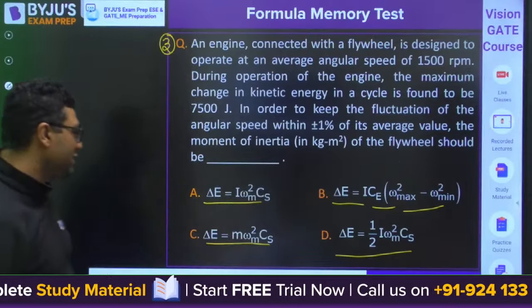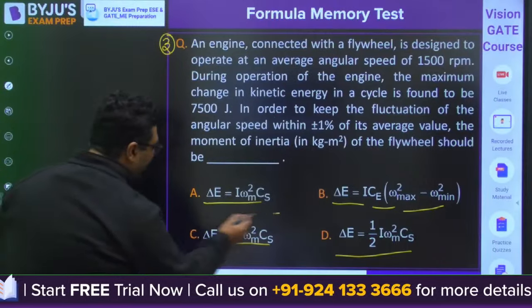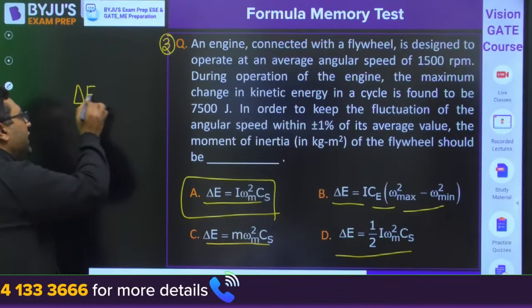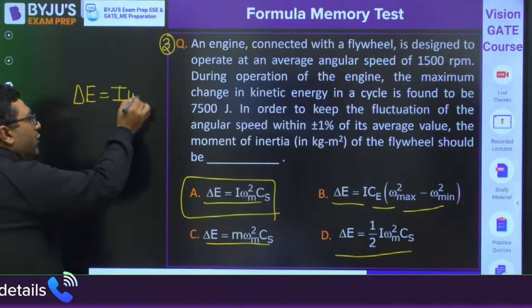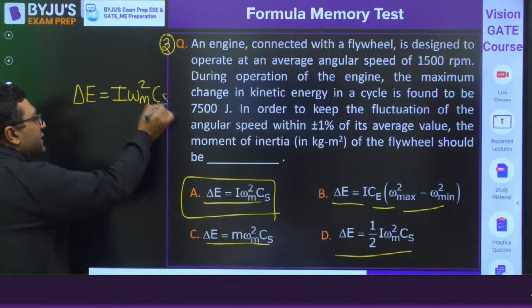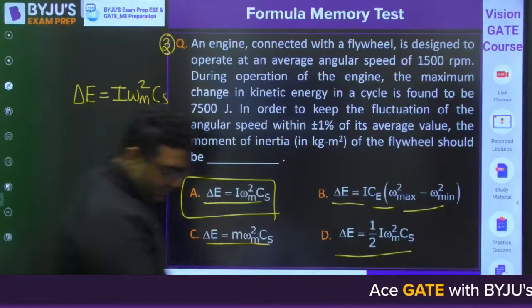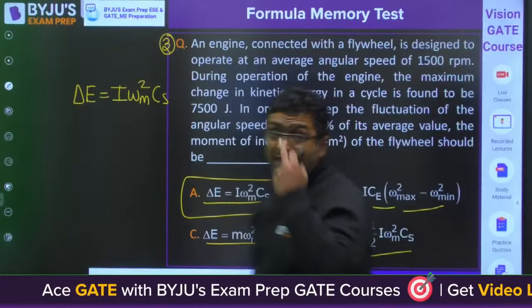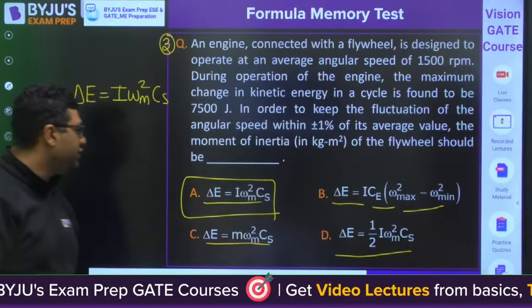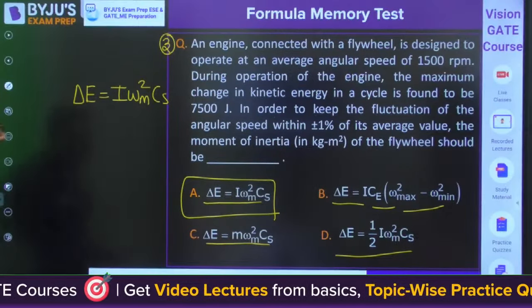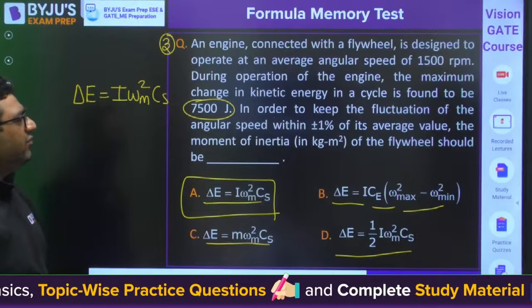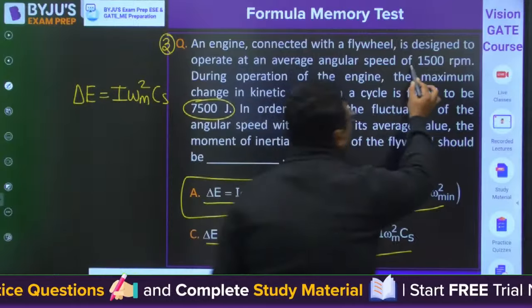So my dear, the answer for this is nothing but A. You know the energy equation of the flywheel is delta E equals I omega_mean square Cs. All other relations are incorrect. Only this relation is correct, and this I omega_m square Cs is also said to be the energy equation of the flywheel. You can see delta E is given to you, and for omega mean, they have already given you N mean.